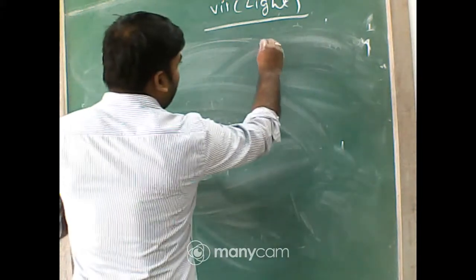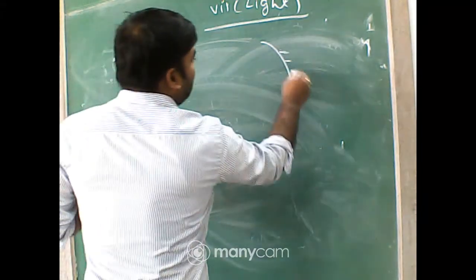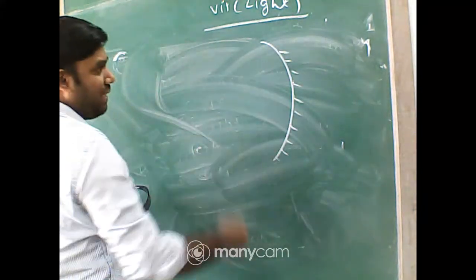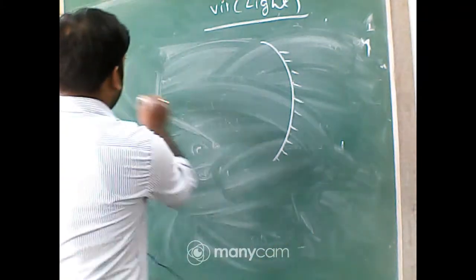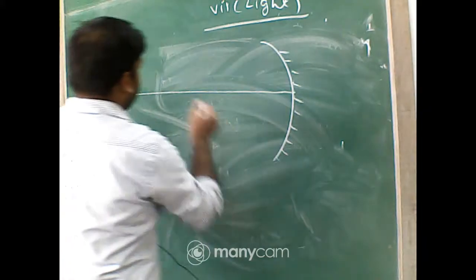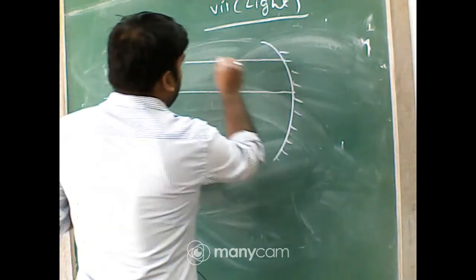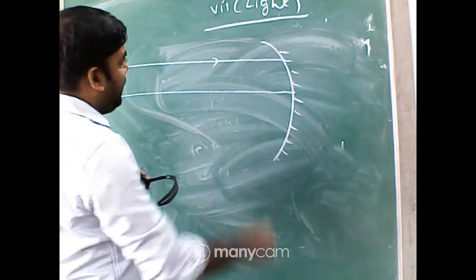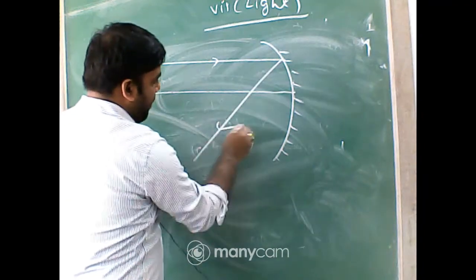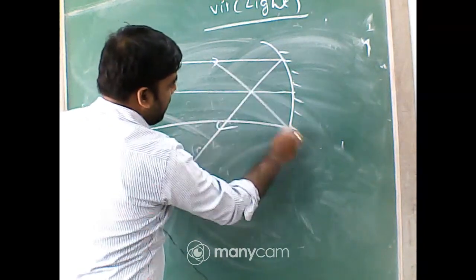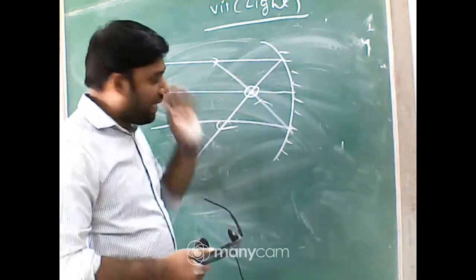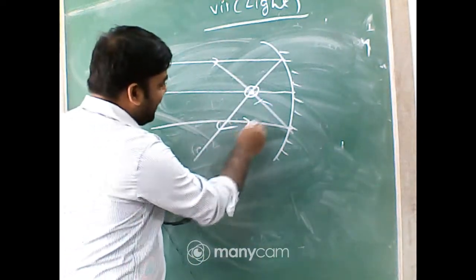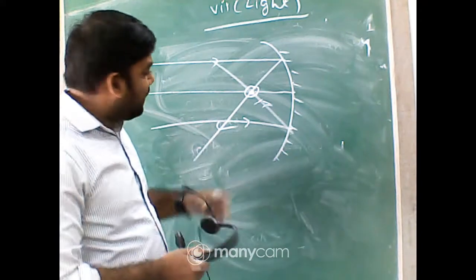What type of mirror is it? Obviously the inside is the reflecting surface, so it's a concave mirror. Now, the incident rays and reflected rays actually meet at a point. These are the incident rays, these are the reflected rays.